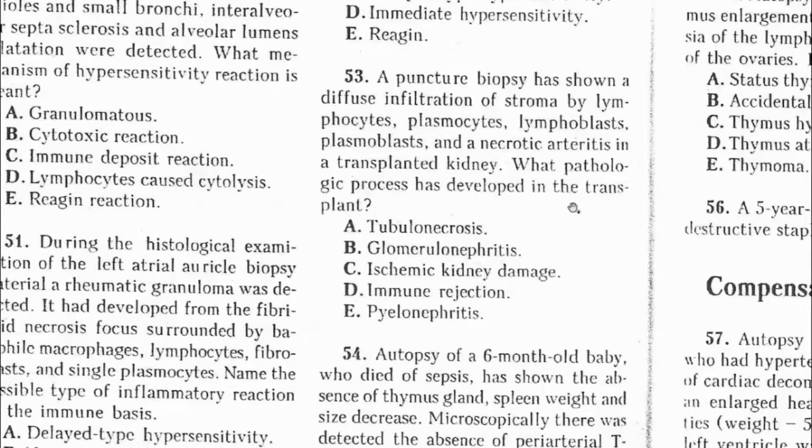Again, I've told you, this is allograft rejection. So what type of hypersensitivity is it? Type 4, which is what? Immune rejection. So that's 53. So answer is D.